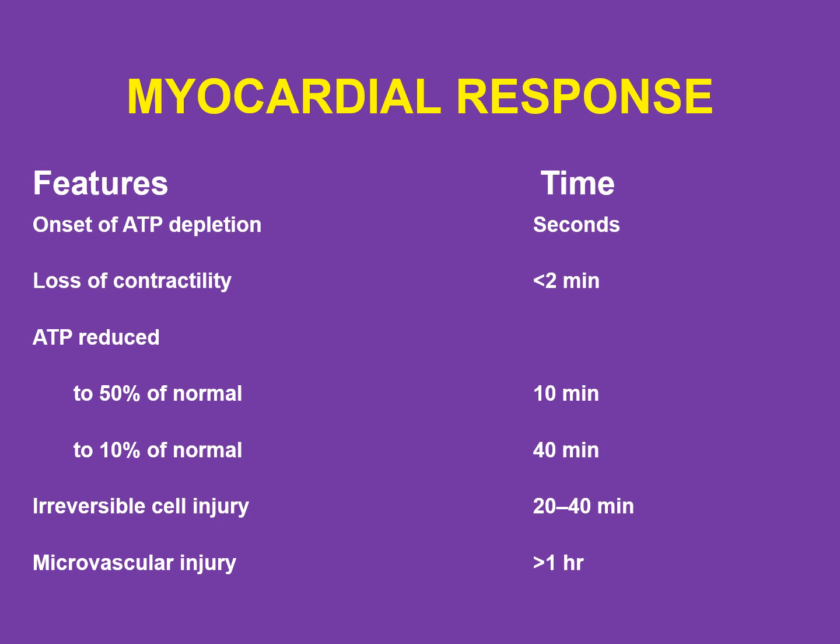ATP is already reduced at 10 minutes, and 10% of normal is the remaining function by about 40 minutes. Irreversible cell changes happen after 20 to 40 minutes of continuous ischemia, and microvascular injury occurs if the blockage is not corrected after more than an hour.